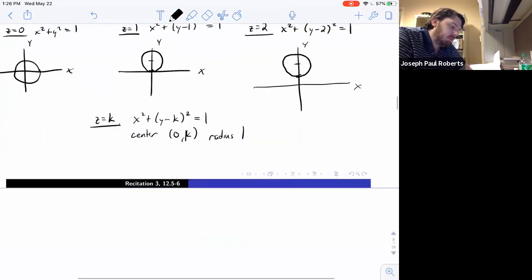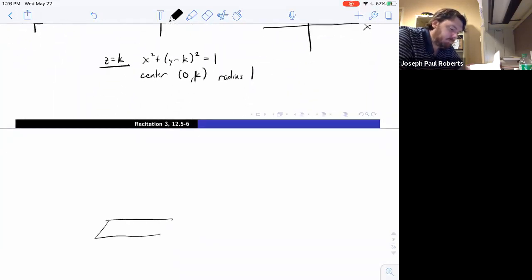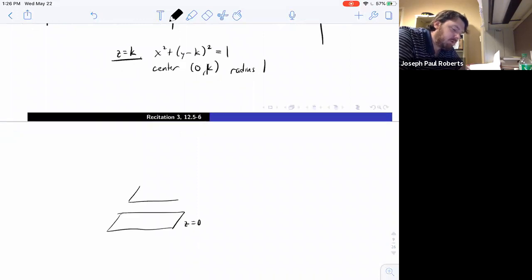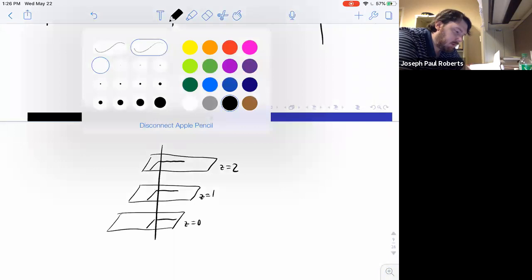And now we can imagine stacking these traces up. We have our xy plane, z equals 0. We have our plane, z equals 1. We have our plane, z equals 2. Let me draw our axes in each of them, just so it looks nice. I'll use a different color.